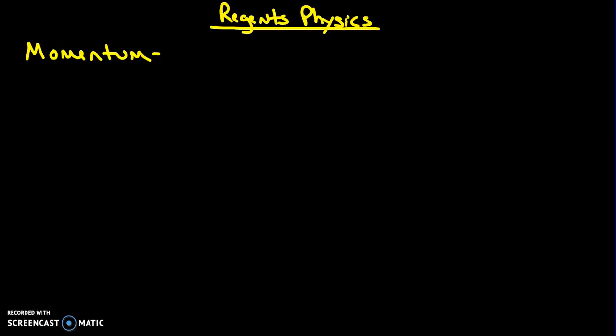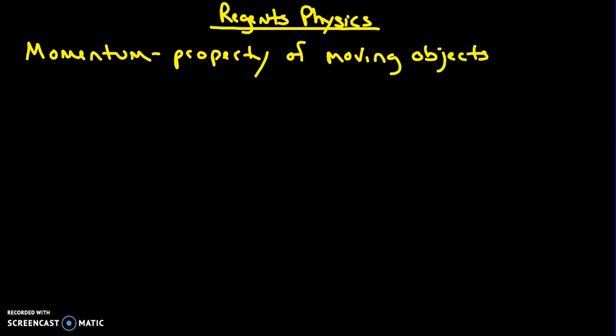So first of all, momentum, we think of it as a property of moving objects. You can think of it definitely as inertia in motion, meaning that any object with mass has a certain amount of inertia, but a moving mass not only has inertia, but it also has momentum.